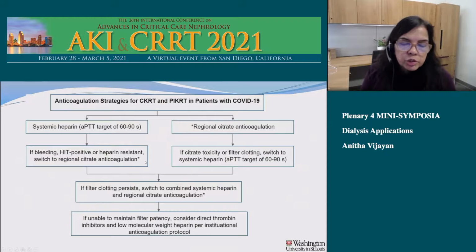If you're unable to maintain filter patency, you may have to work with your hematologist and pharmacist to consider other options. We also cautioned against implementing citrate protocols in a hasty way during the pandemic, since systemic effects of citrate can be extremely lethal if not done correctly.